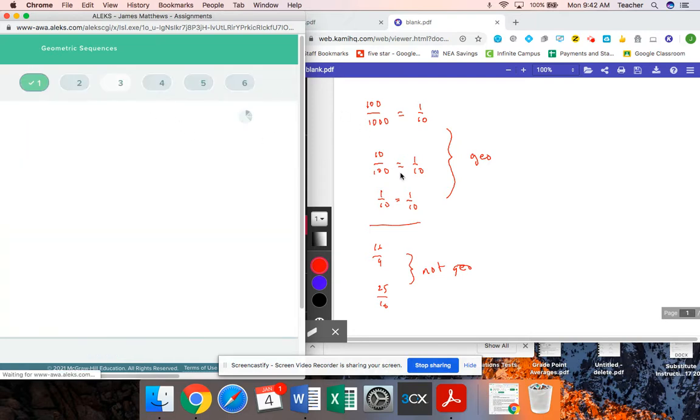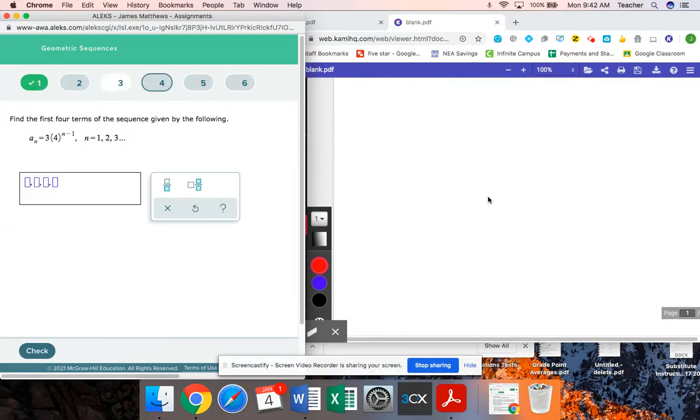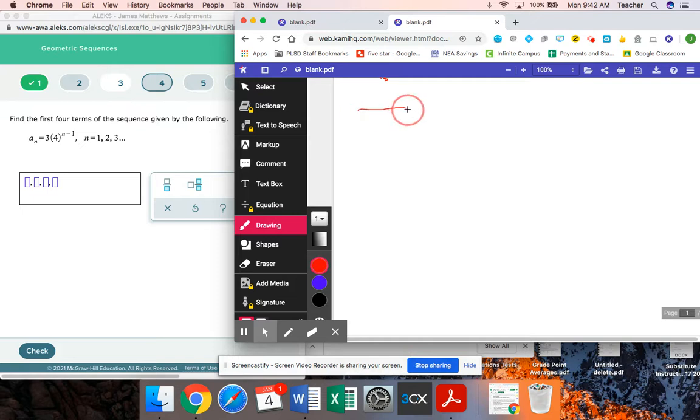Let me jump to number 4 here. Find the first 4 terms. I won't find every single item, but I'll find a couple of them here. If I say that a sub n is equal to 3 times 4 to the n minus 1, and I want the first 4 terms, I'm looking for a sub 1, a sub 2, a sub 3, and a sub 4.